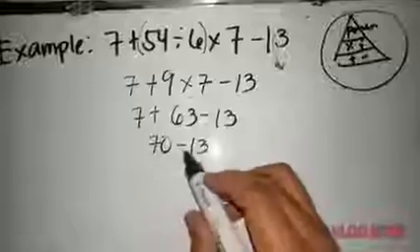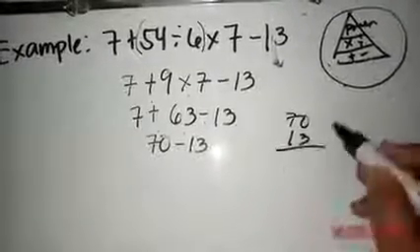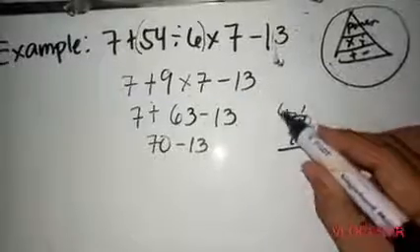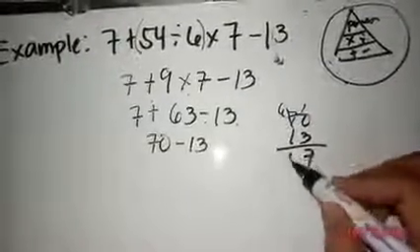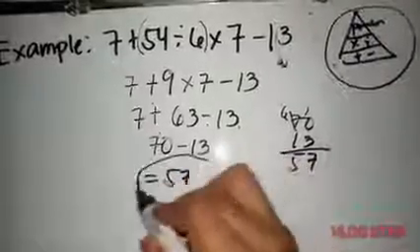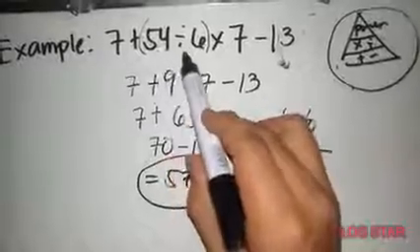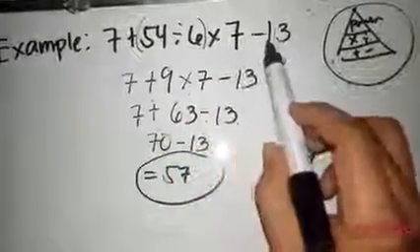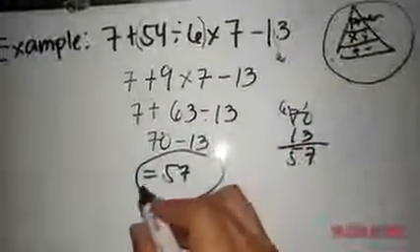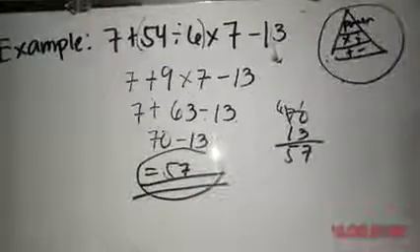Then 70 minus 13, the answer is 57. So 7 plus 54 divided by 6 times 7 minus 13 is equal to 57.